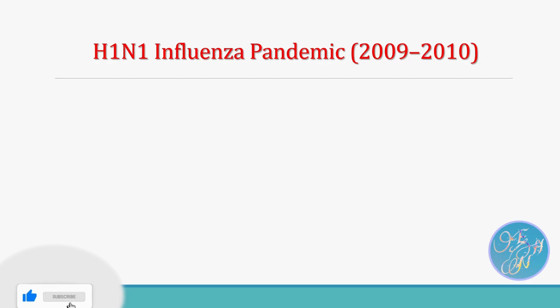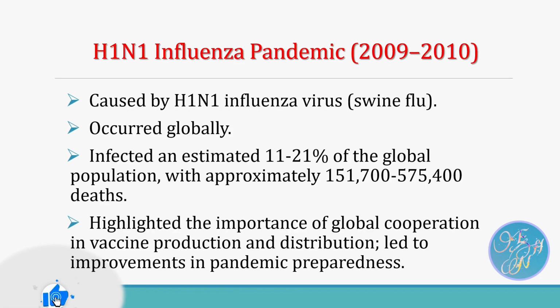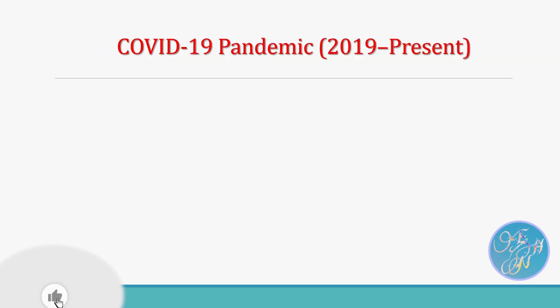Next is the 21st century, H1N1 and COVID-19. In the 21st century, we've already faced two major pandemics. The H1N1 influenza pandemic in 2009, also known as the swine flu, infected millions and led to the quick development of vaccines.